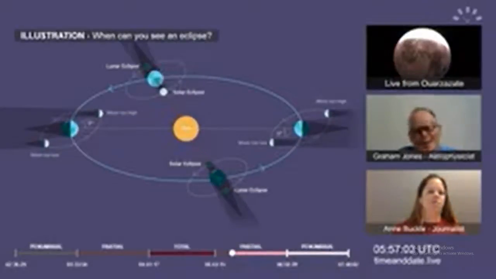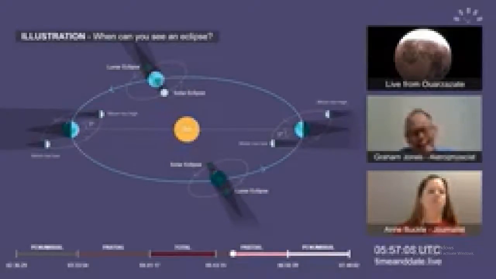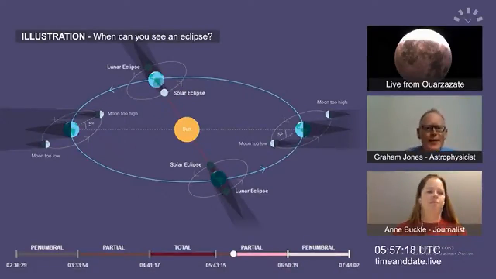But we can also see on this diagram that we would not get an eclipse in this situation, because although the sun, the earth, and the moon are more or less aligned, the moon is actually too low to go into the earth's shadow. So we're not getting a lunar eclipse in this situation.